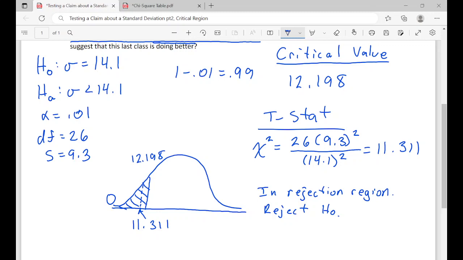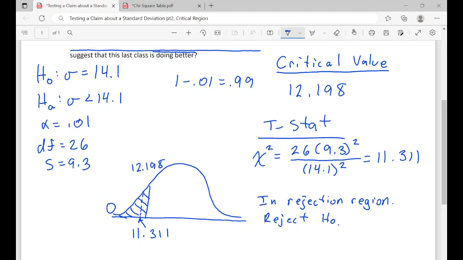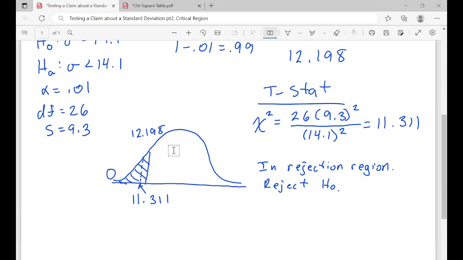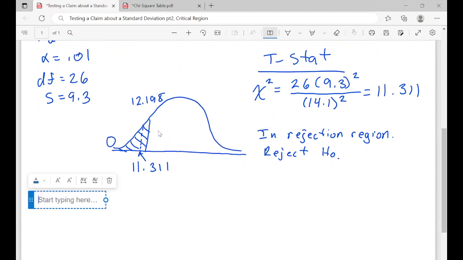So we know what we're going to be doing, but we still got to answer our question, which is testing the claim, and then does a lower standard deviation suggest that this last class is doing better than the other ones? So I'm going to go in here and write out our conclusion.